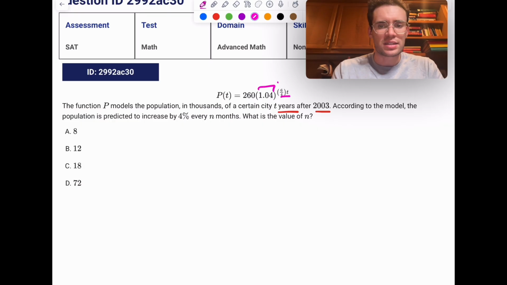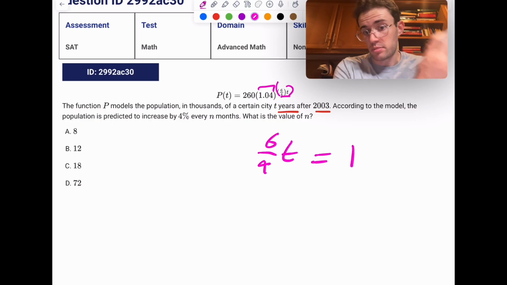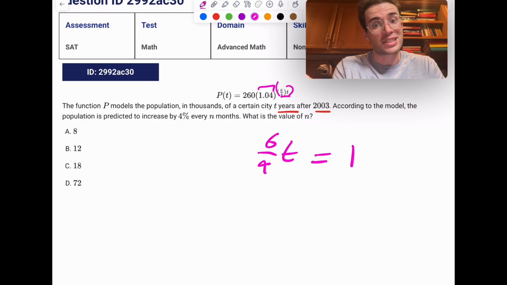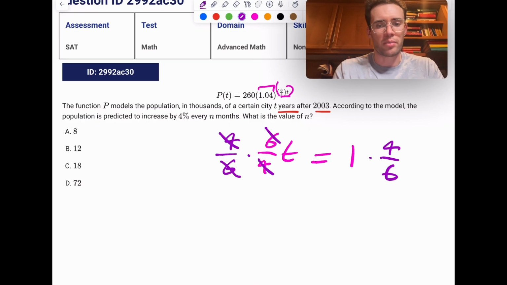So for this whole exponent, the 6/4 t, to go up by 1, which is when it's going to be growing by 4%, t would have to be 4/6, right? 4/6 of a year. I'm doing the reciprocal of 6/4, multiplying by that on both sides. So 6 divided by 6 is 1, 4 divided by 4 is 1.